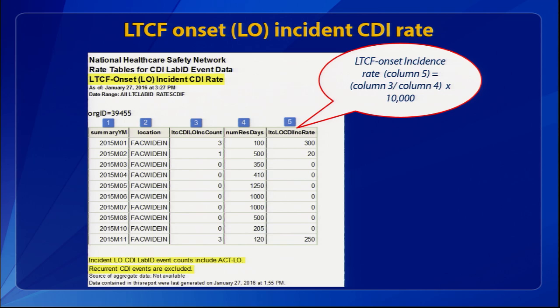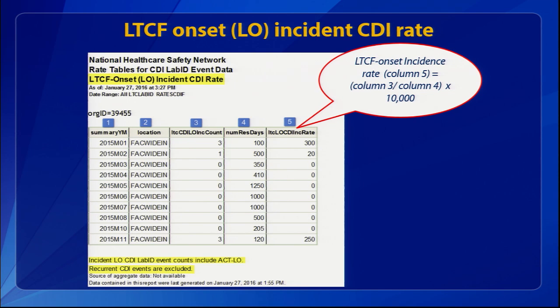This table shows the monthly long-term care onset CDI incident rates for this particular facility. Like the previous table, the data is summarized by year and month, provided by column 1, and column 2 tells us that the location is facility-wide.